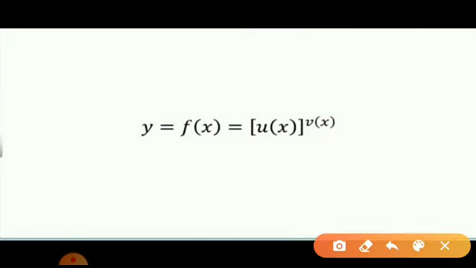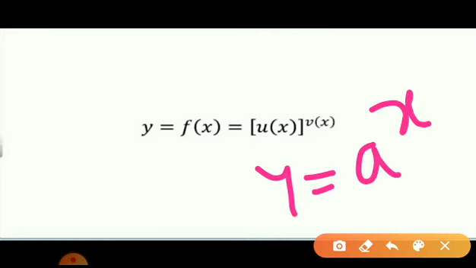This method also can be used when you have y equal to a raised to x. We are going to derive the formula for the derivative of a raised to x using this method. But already we have noted the derivative of a raised to x: it is a raised to x into log a.